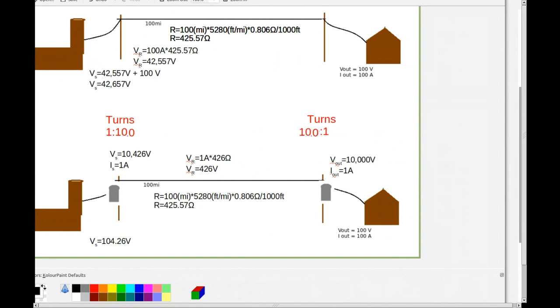But the power company would have to generate, what did we end up saying? Something like 4.2 million watts, 4.2 megawatts, to give me 10,000.